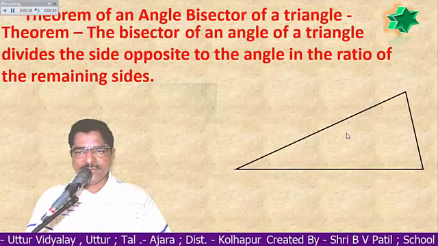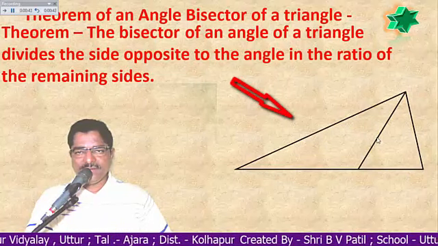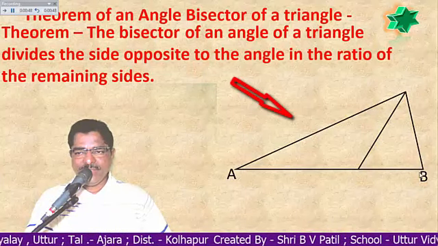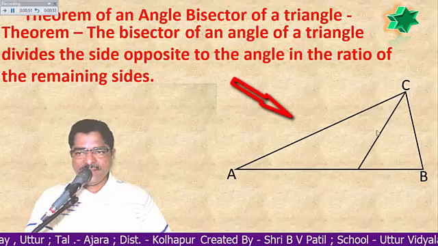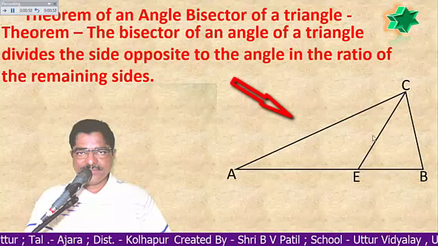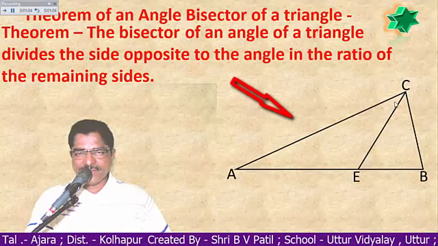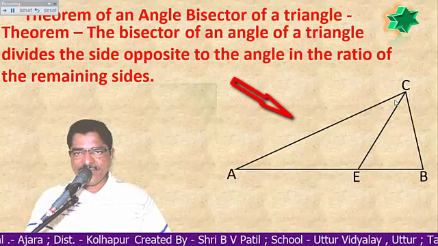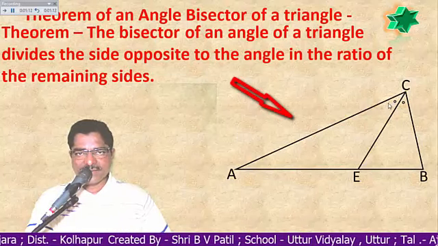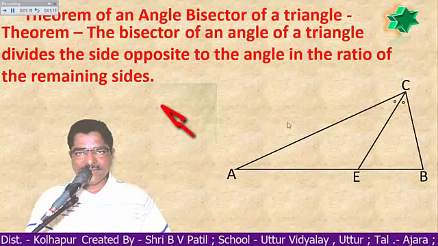Here we draw a triangle ABC and a bisector. The bisector divides side AB at point E. That CE is the bisector of angle C means angle C is divided into two equal measures.